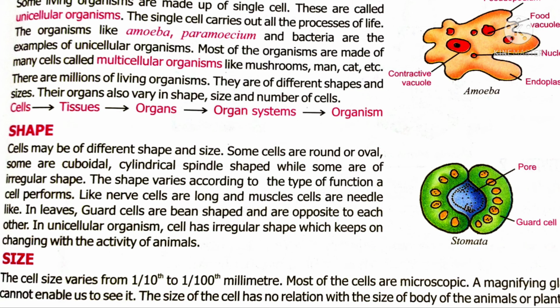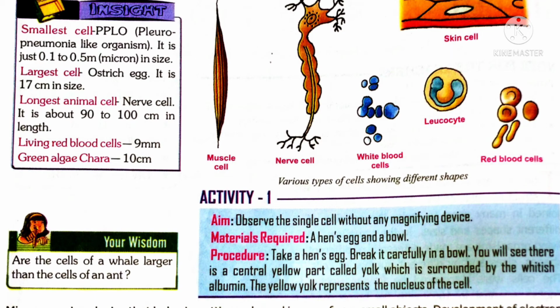The size of the cell of an organism is not dependent upon the size of the organism. These are the differently sized, differently shaped cells which are present in our body. The largest animal cell is the nerve cell, which ranges from 90 centimeter to 100 centimeter in length.